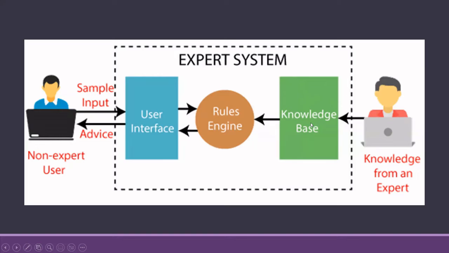The expert gives all his knowledge to the knowledge base. Then based on the predicates and knowledge in the knowledge base, the rules engine will infer what is necessary based on the input of the user and then give the advice to the user through the user interface. So this is the basic form happening in an expert system.